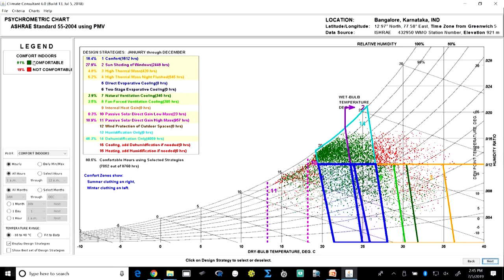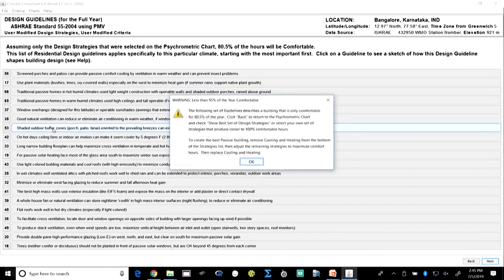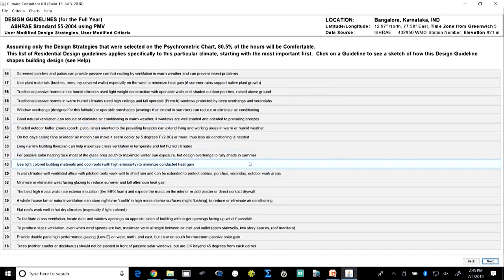So, if we compare the two climates and look at the design guidelines, we can actually see what kind of strategies work. So, use of light colored building materials and cool roofs, which was also a strategy for the Delhi climate, then minimize or eliminate west facing glazing. So, all these design strategies will then become available to you.